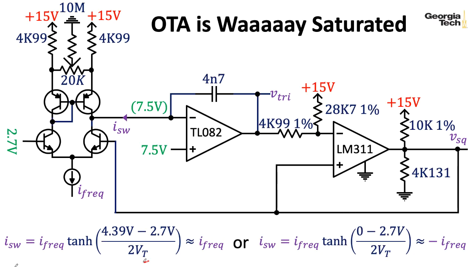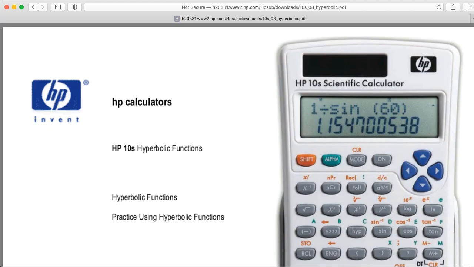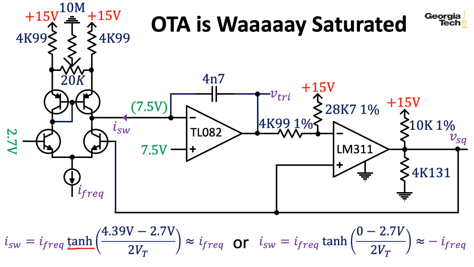The VT you see in the denominator here is usually considered to be 25 or 26 millivolts. That varies with temperature, but it doesn't really matter here because when we plug in the values that we have for our square wave output, namely 4.39 volts or 0 volts, well, once we subtract out the 2.7, and get a number and punch the hyperbolic tangent button on our calculators, you wind up with something that's either 1 or -1.